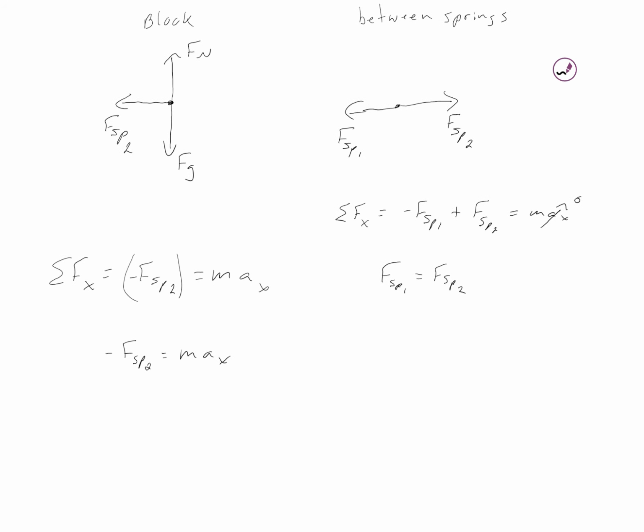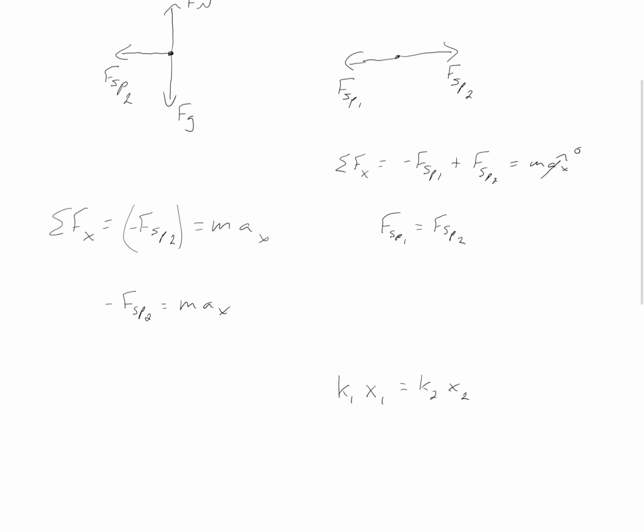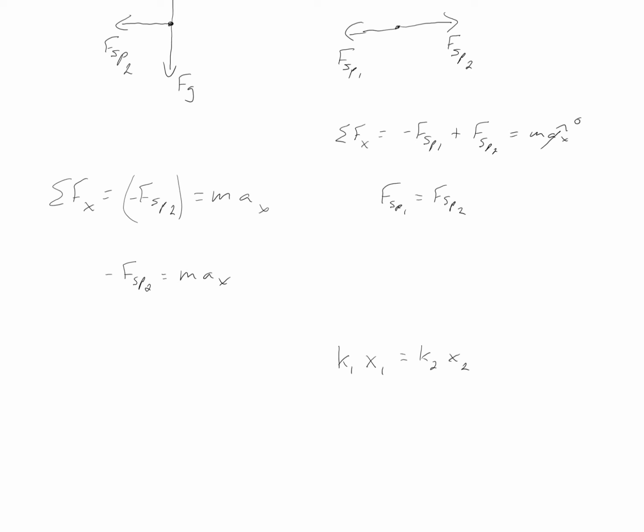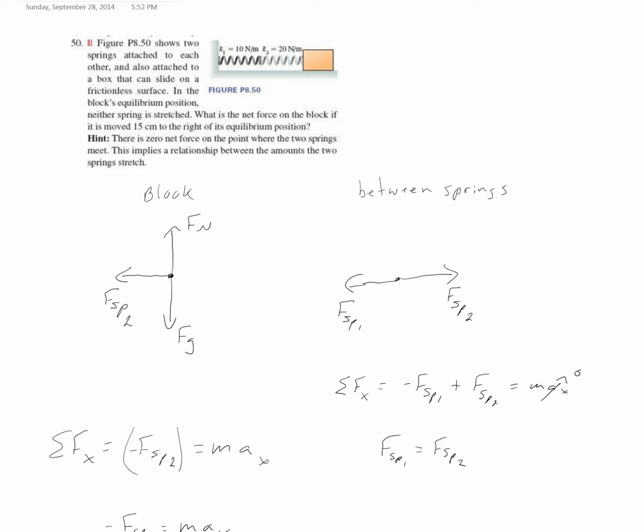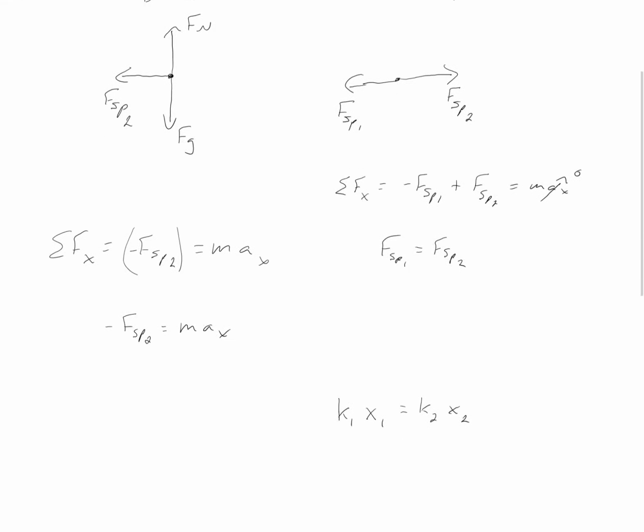All right, so let's substitute. We have K1 X1 is equal to K2 X2. In this case, if I were to think of this as one giant spring, the block is going to be displaced 15 centimeters.